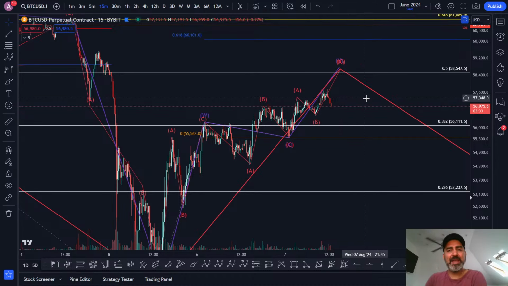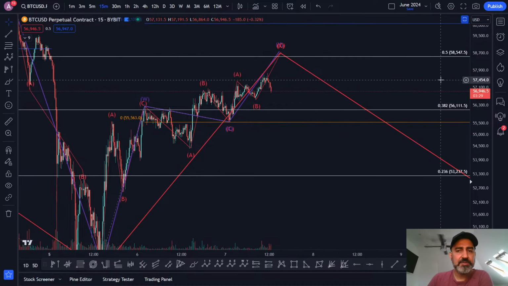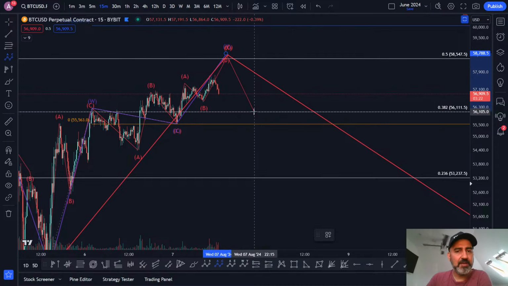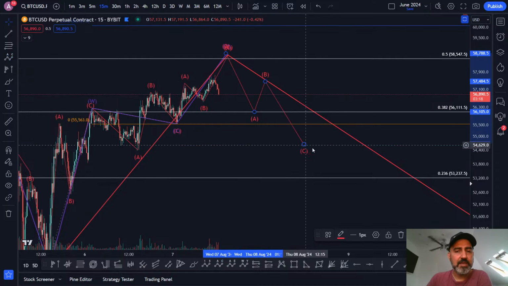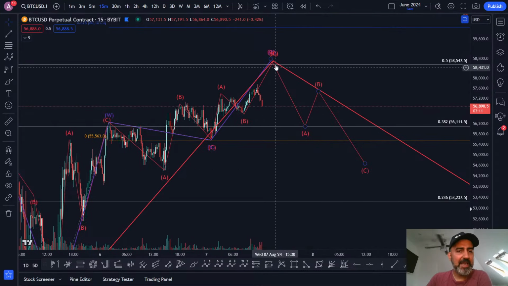You could quite easily wait for the next corrective move to begin, and if I'm right, it'll be quite an explosive down sell, and then you could just wait for the B, the pullback, because you'll probably be looking to change market structure at the same time if and when that happens.